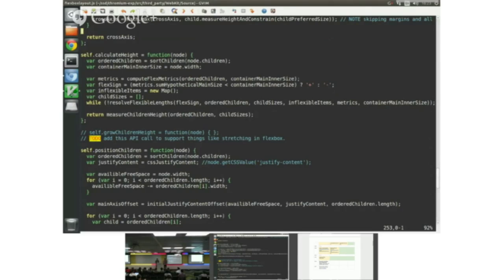So I'll just walk over roughly what I did. For anyone that's seen the Flexbox code in Blink, this looks very, very similar to it. It has methods like calculate your height, computing flex metrics, resolving flexible lengths, measuring children's height. It's basically the Flexbox algorithm in JavaScript.